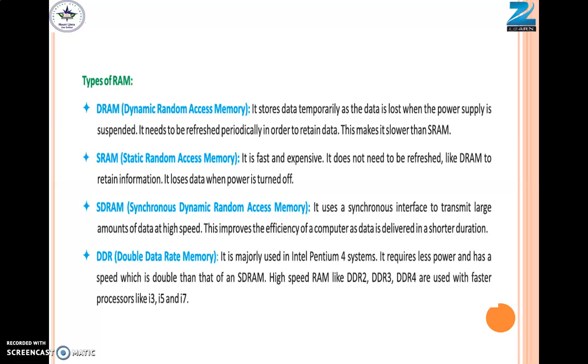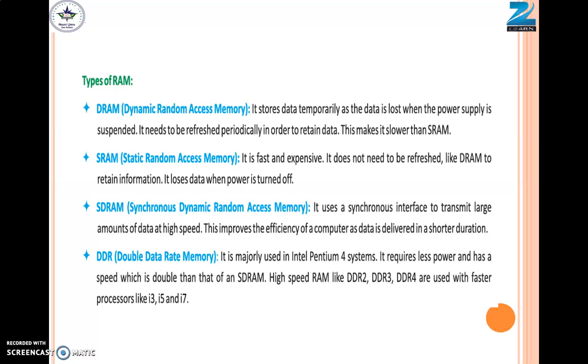Because it continuously keeps sending the data to the processor while other data is also coming to the RAM. So its data transfer rate is faster than DRAM and SRAM. It transfers the data more speedily to the processor and from the processor to the secondary storage device.